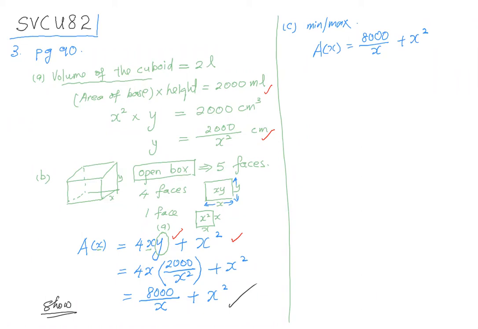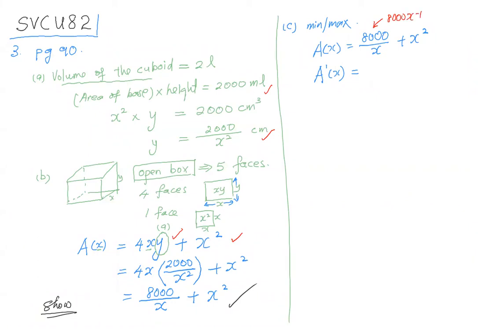dA/dx. Yes, I have to find A prime x. In other words, I have to differentiate, find the derivative of A first. Why do I need to do that? We will say it later. So in order to differentiate, how should I write this term? 8,000 x to the power -1.